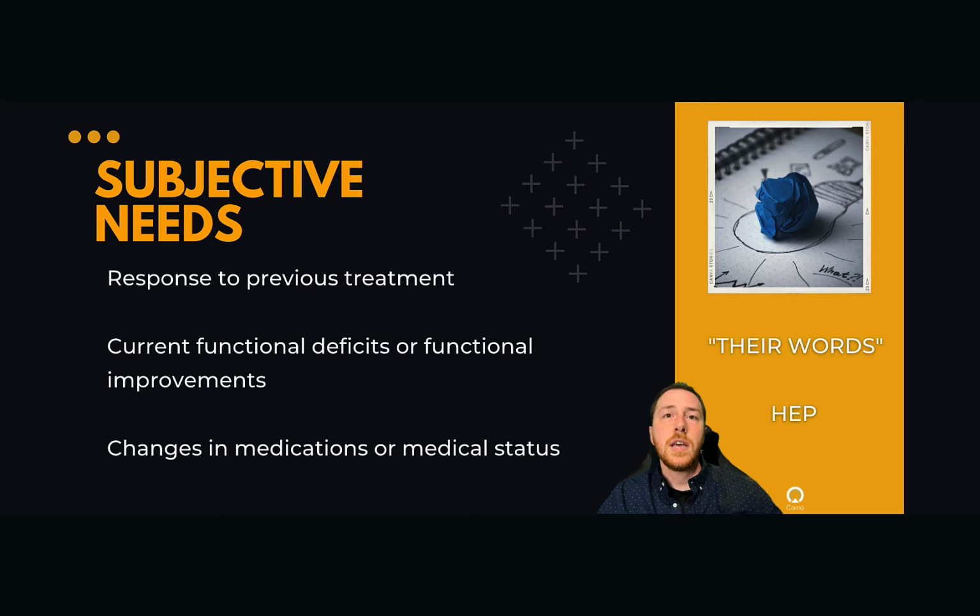That's a huge thing to cover, because it can greatly affect our treatments with patients. And then finally, something that we often need to document is their HEP. How is it going? This one is great to put in subjective, but two, it keeps us honest, so we can make sure that we're updating it if we see fit.